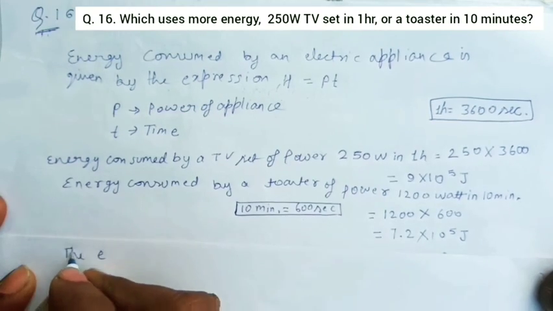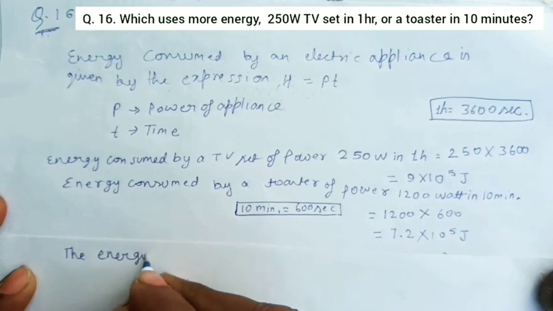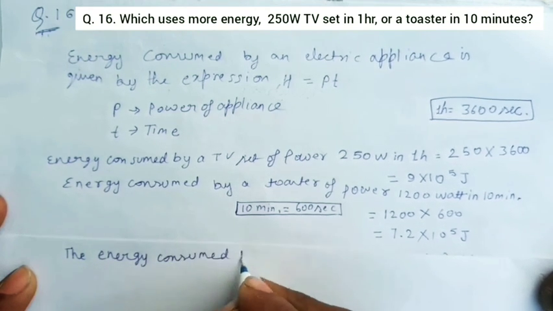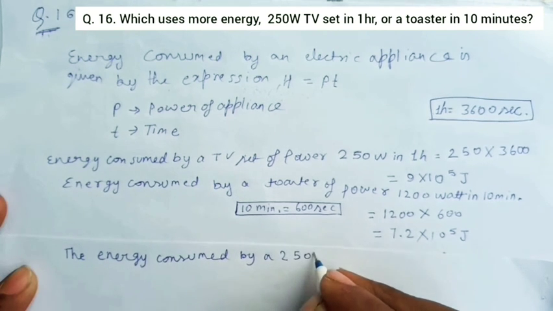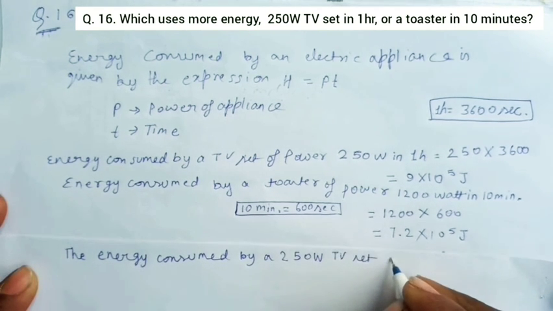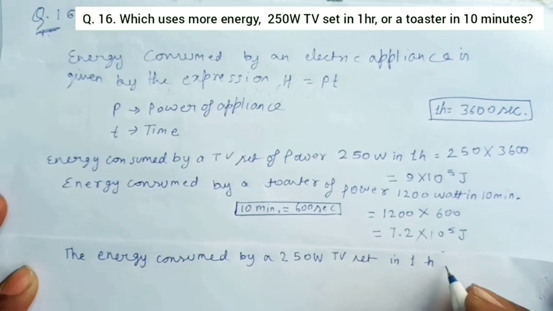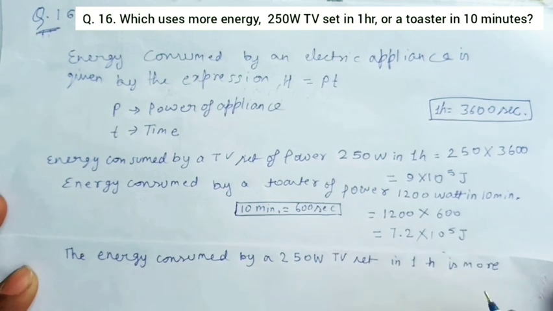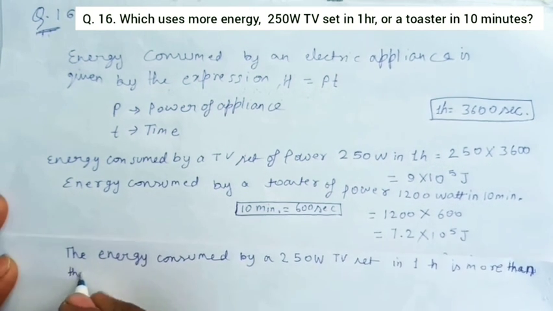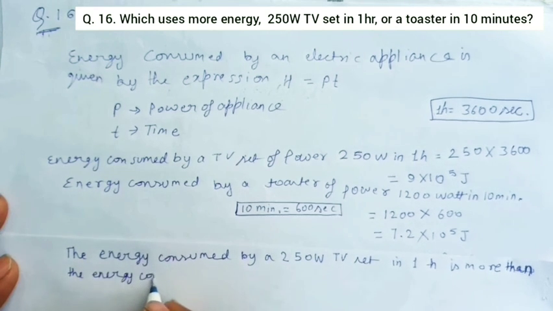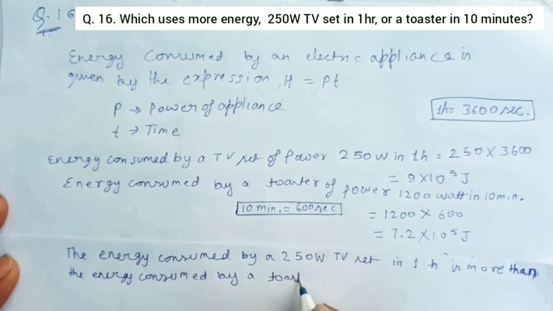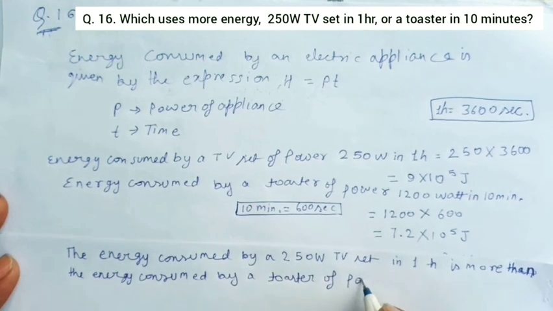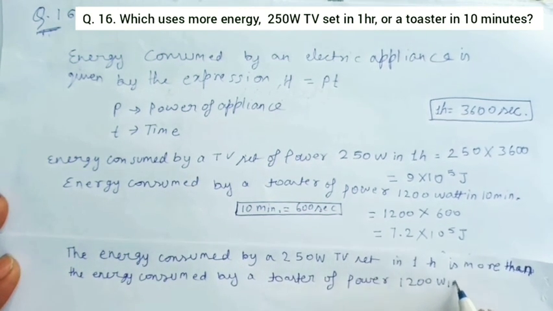The energy consumed by a 250 watt TV set in 1 hour is more than the energy consumed by a toaster of power 1200 watt in 10 minutes.